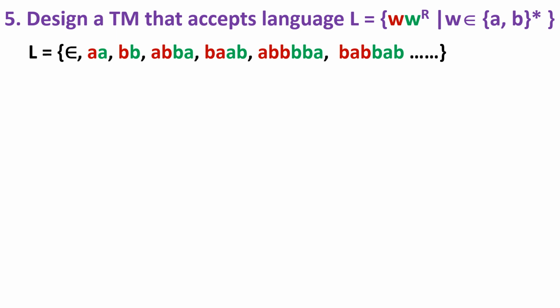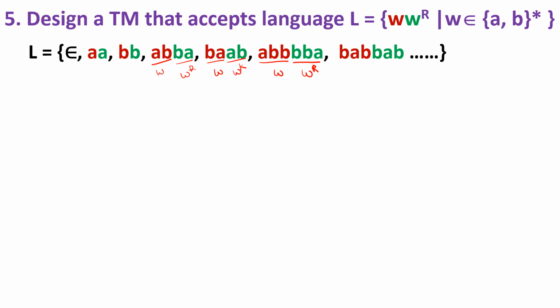Next, if AB is W, BA is W raised to R. BA is W, AB is W raised to R. ABB as W, BBA as W raised to R. So ABBBBA belongs to this particular language.